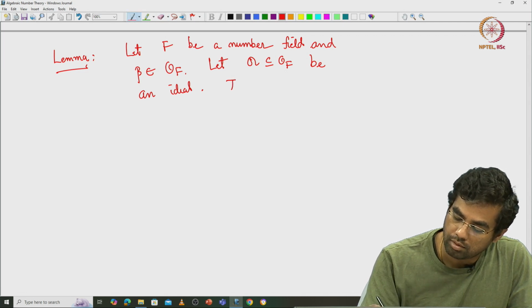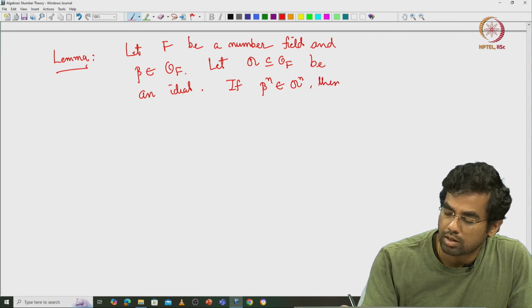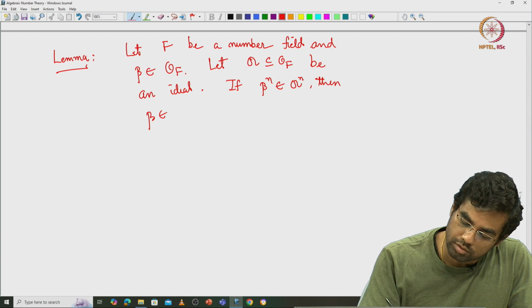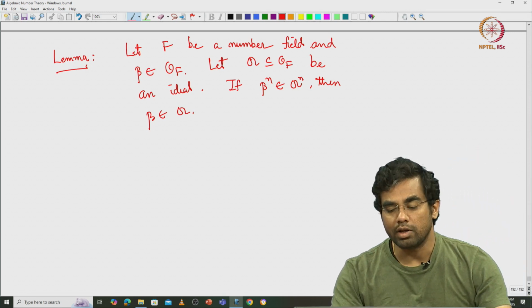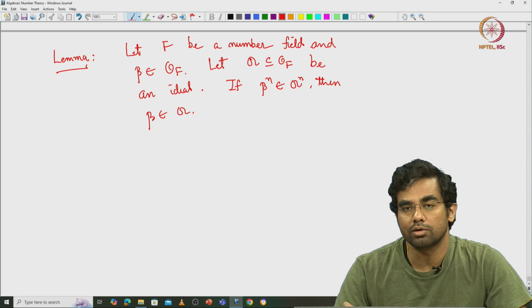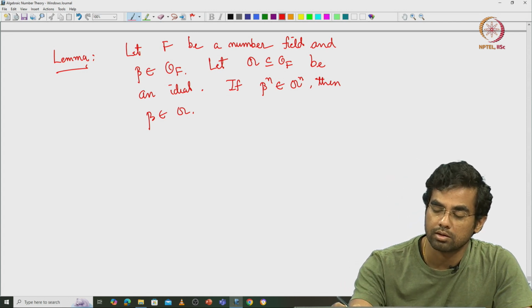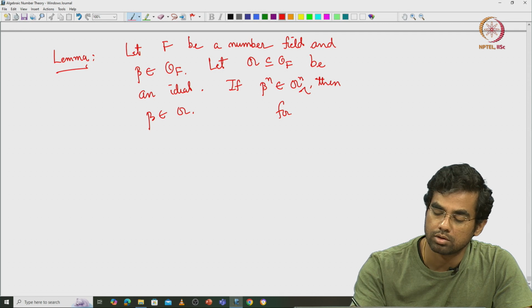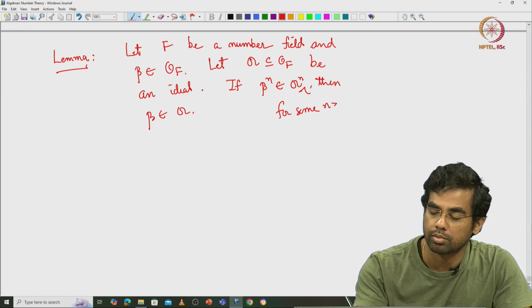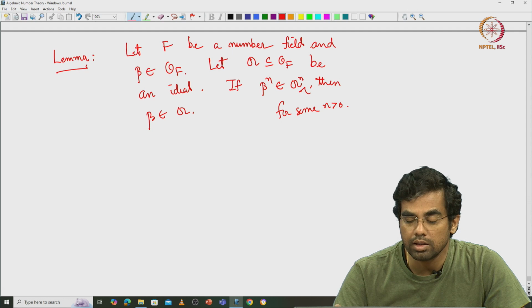If beta to the n belongs to A to the n, then beta belongs to A. So, this is very curious because I am saying that beta to the n belongs to A to the power n. This is for some integer n bigger than 0, then beta also belongs to A.